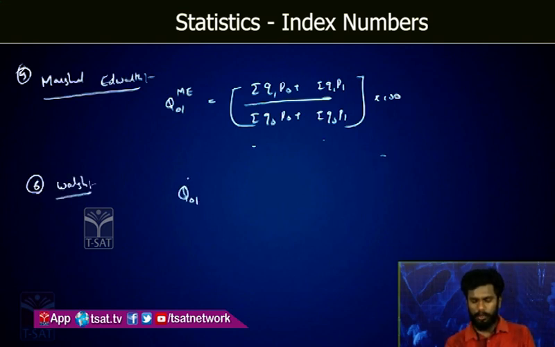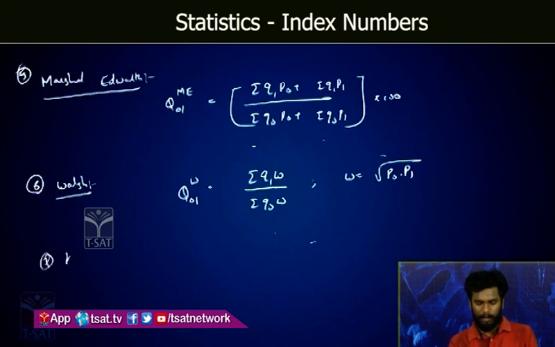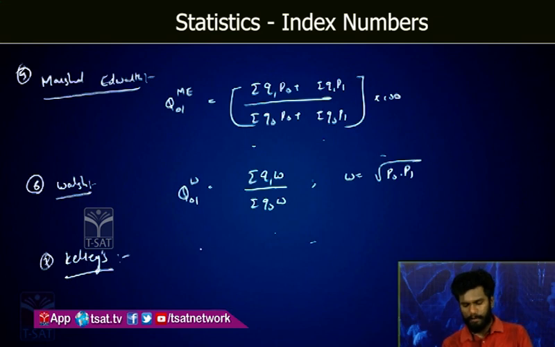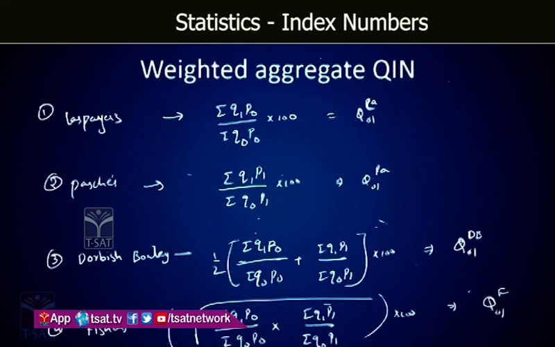It is denoted by Q01 W. It is given by summation Q1 W by summation Q0 W, where this W is given by square root of P0 into P1. Seventh one, Kelley's quantity index number. It is denoted by Q01 K, and it is given by summation Q1 into P divided by summation Q0 into P, where this P is the arithmetic mean of P1 and P0. So these are the weighted quantity index numbers.